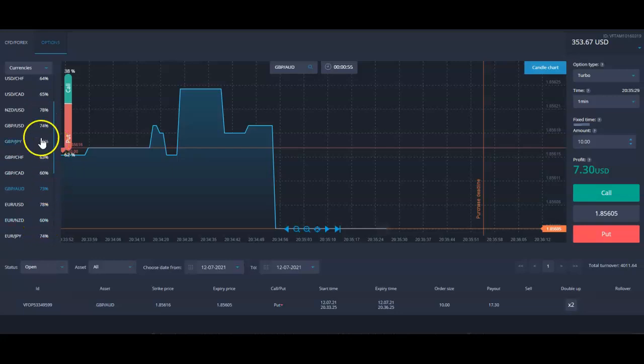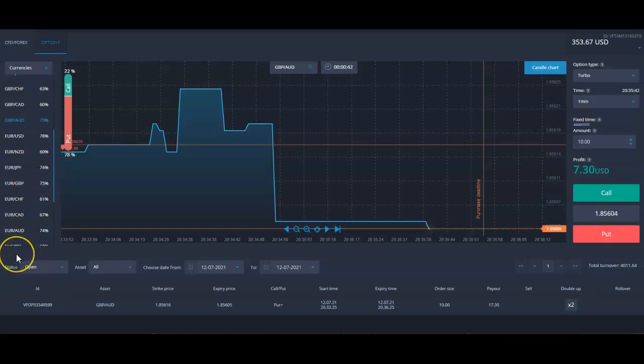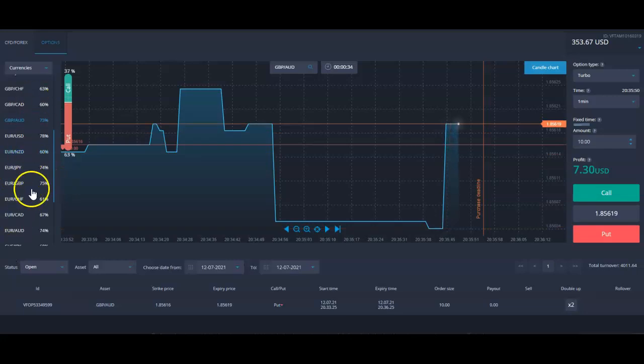I highly recommend taking percentage payouts of 70% or greater for trade ideas. And you'll notice a lot of the educators are in line with that as well. They're only taking 70% or higher payouts when it comes to binary trading.